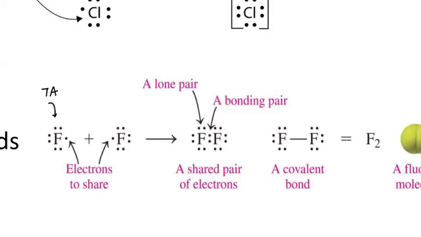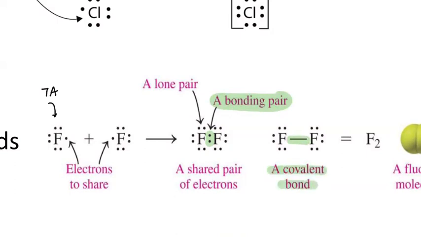So when fluorine meets fluorine, they're going to share electrons, okay? And those shared electrons are what we know as a bonding pair. A bonding pair of electrons we can also symbolize by a line, and that is what a covalent bond is.